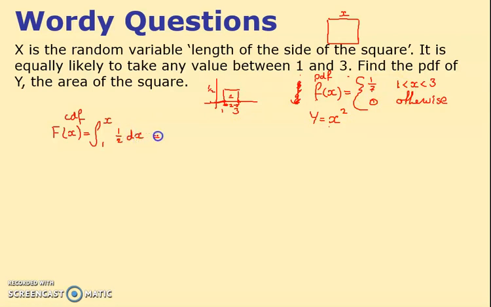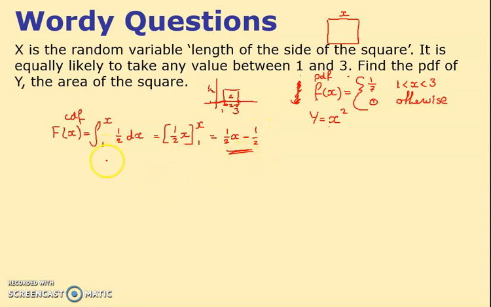Now when I integrate a half, I get a half x. But I've got to be a bit careful because I've got to put 1 and x into it. And because it's 1, putting 1 into it does not give me 0 like last time. So put x into it first of all, I get a half x. Put 1 in, I get a half. And I take those two things away, so that's my answer. So F of x is a half x minus a half.